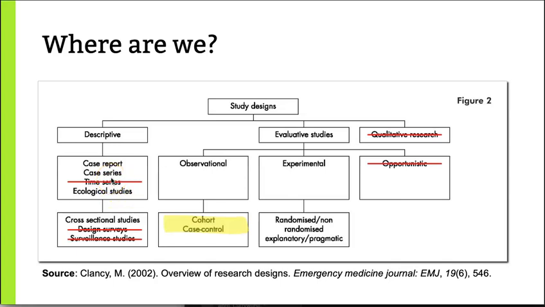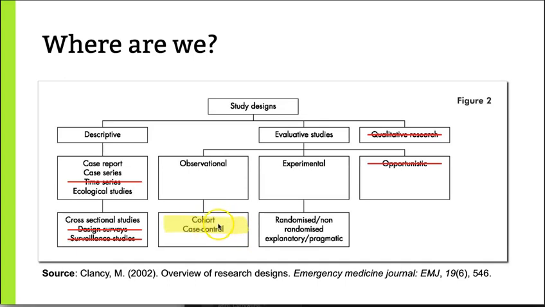And because they're simple, unfortunately, there are a lot of drawbacks to them when interpreting the data. One of the biggest things that's missing when you're looking for a really good study design is that they don't have what we call a comparison group. So for observational studies, the two that we're going to talk about are cohort and case-control studies. We'll talk about cohort today, case-control in the next lesson.